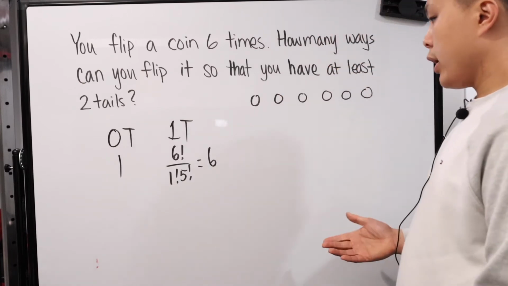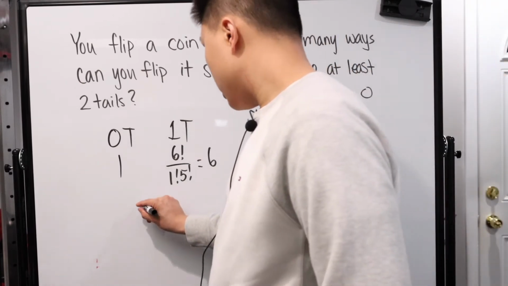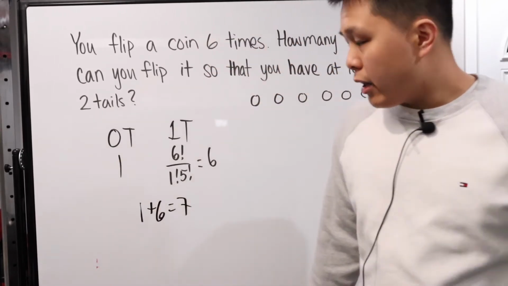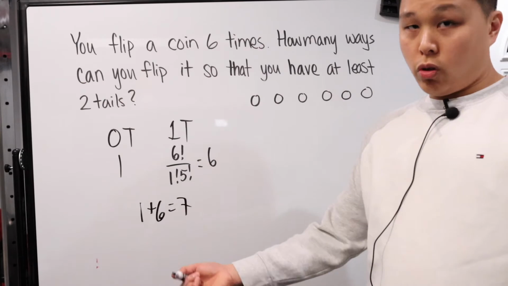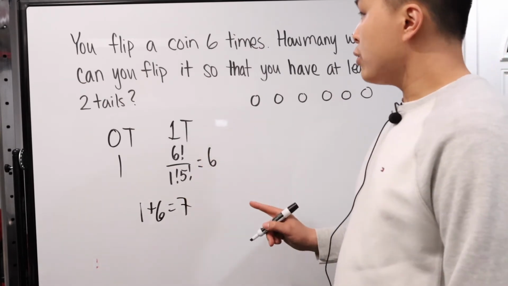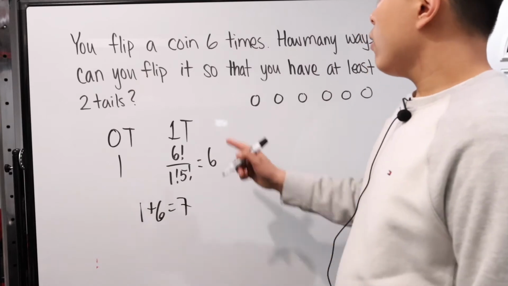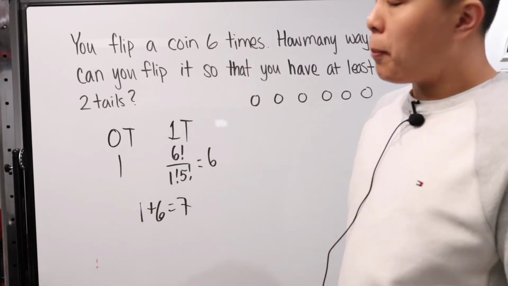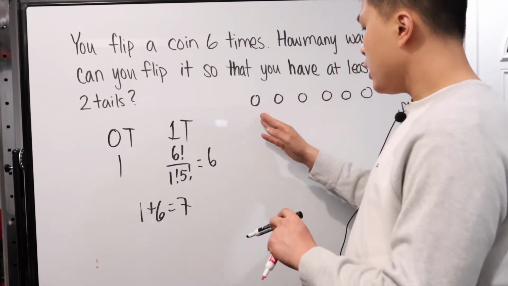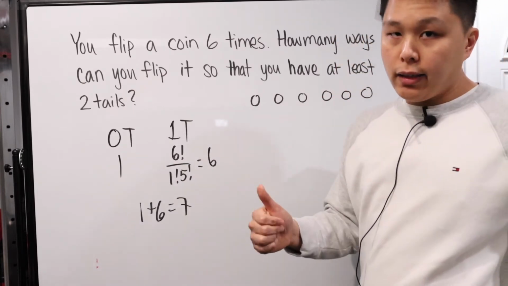Well, okay, what can we do? 1 plus 6 is actually 7. That's not bad. But that doesn't give us the answer because from the previous, we already know the answer is 57. Well, what we can do in this situation is find all the possibilities of flipping 6 coins. That's simple. Each and every one of them either has a heads or a tail.